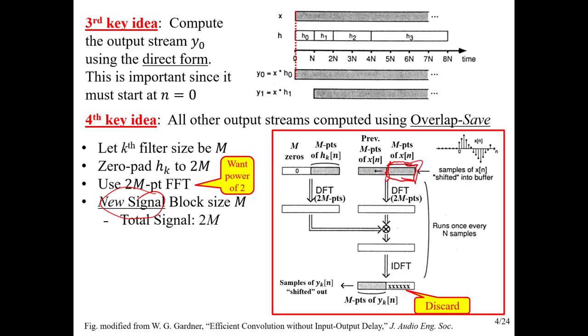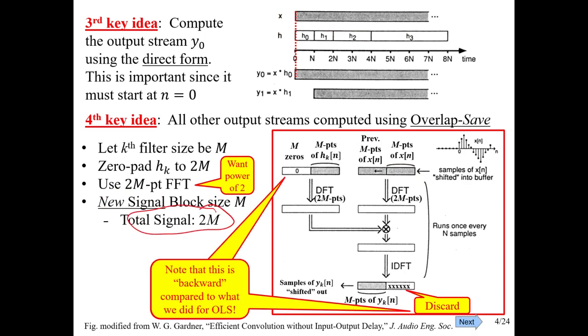And we have, remember, overlap save uses some previous samples because the input blocks are overlapped. And so that would be the previous samples. For the very first time doing this, remember we fill this with zeros. So there would be some zeros out here, and how many zeros we put there would depend on which H we're actually working on. So our total signal size will be 2M, and we would compute a DFT of that.